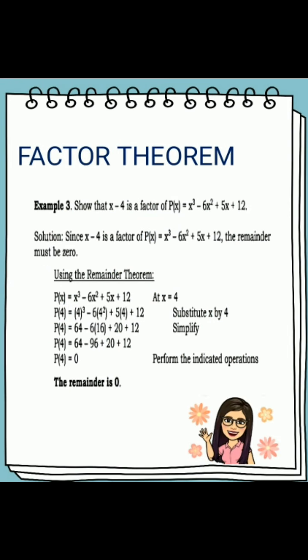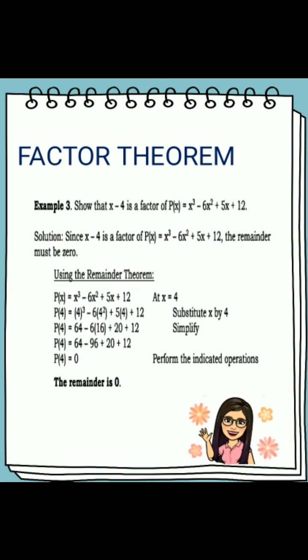Next, dun tayo sa example number 3. Show that x minus 4 is a factor of p of x is equal to x raised to 3 minus 6x squared plus 5x plus 12. Since yung binomial natin is x minus 4, in the form of x minus a, magiging positive 4.